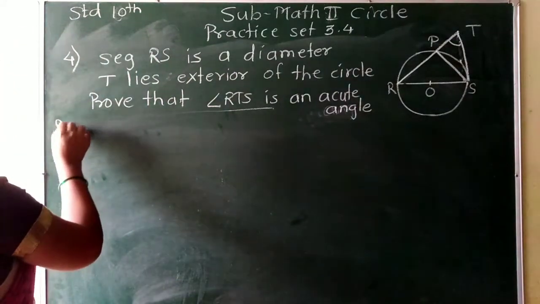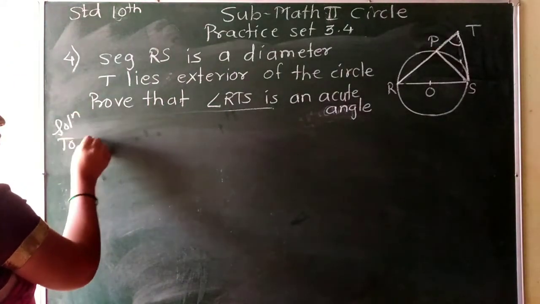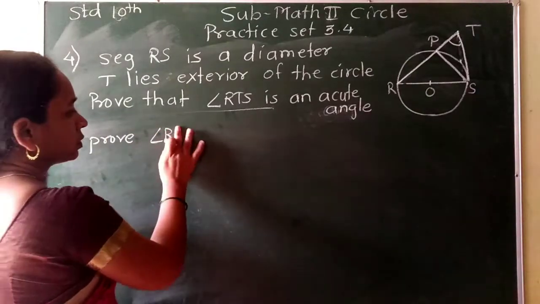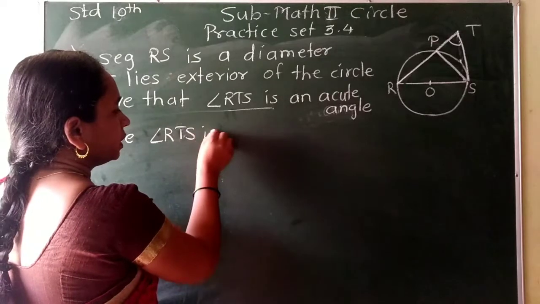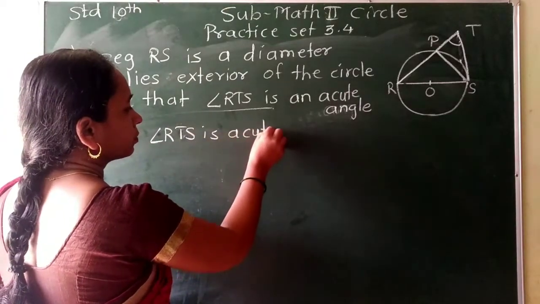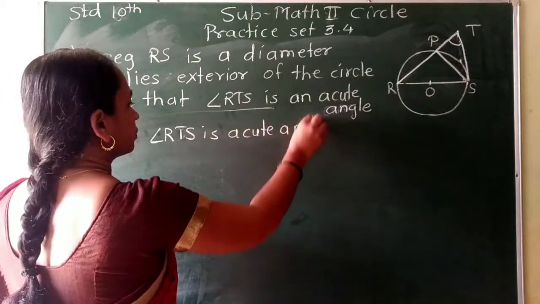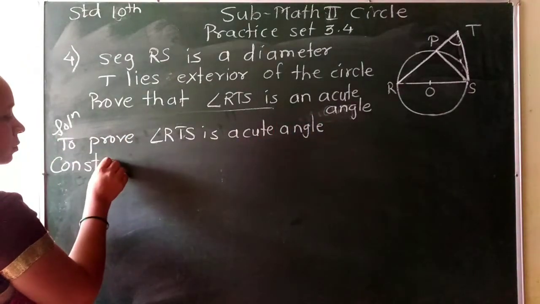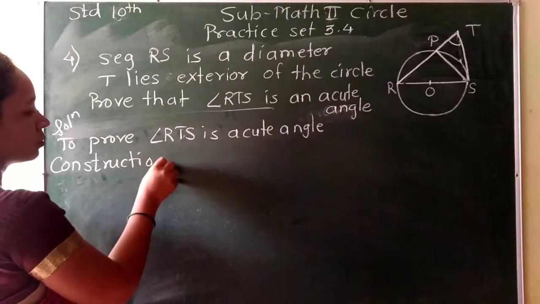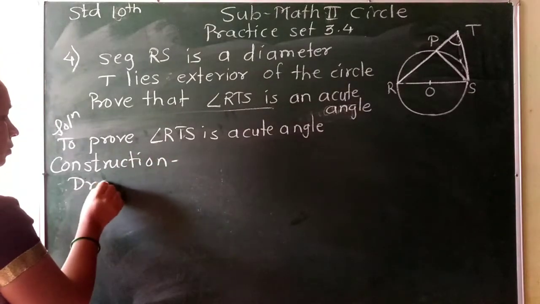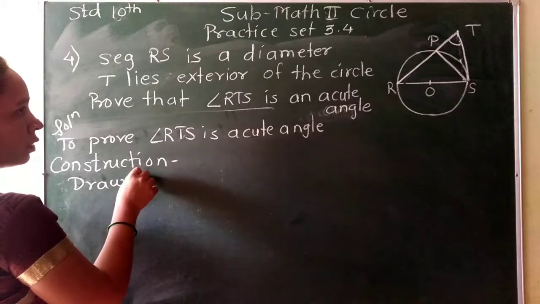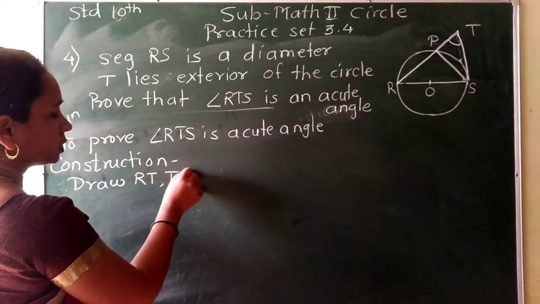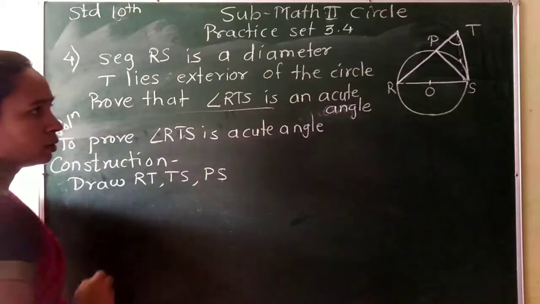So here I want to prove angle RTS is an acute angle. And to prove this, I'll draw RT, TS and PS.